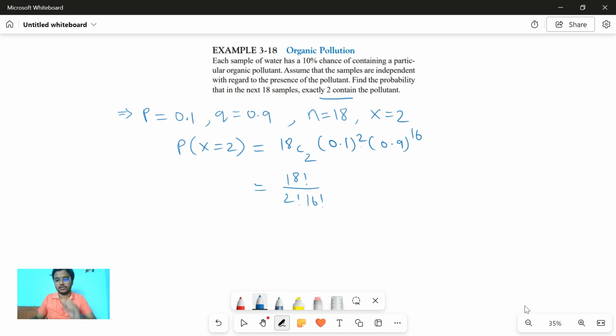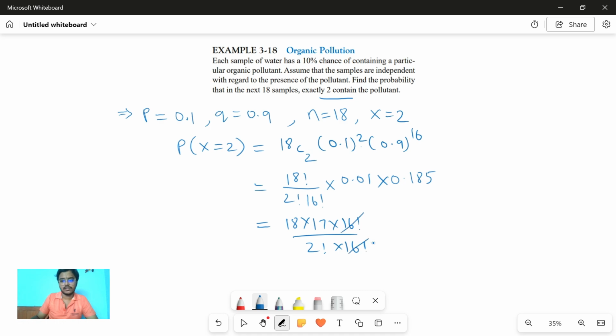Okay. So 0.1 squared is 0.01. And 0.9 power 16 is 0.185. Now 18 factorial can be written as 18 into 17 into 16 factorial by 2 factorial into 16 factorial, correct?